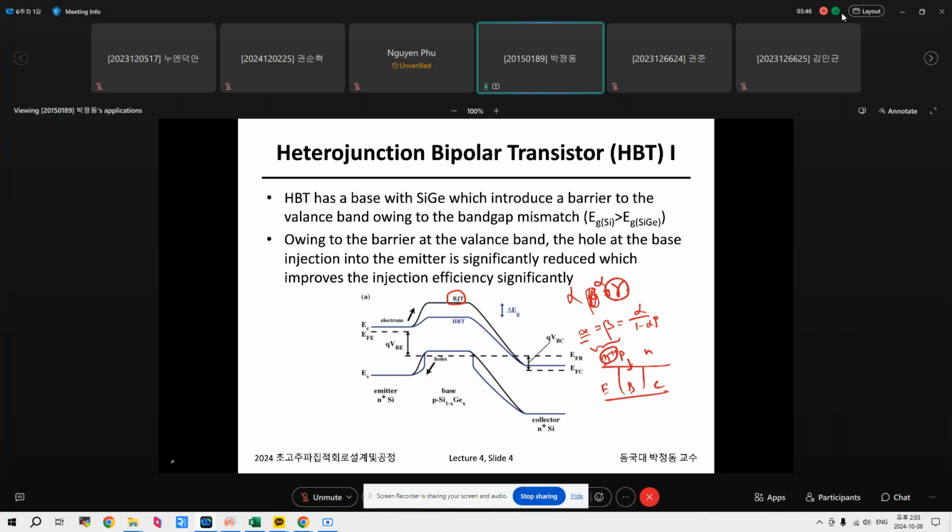The problem with this is that we provide a very small amount of impurity implanted on the base. The reason for doing this is to improve emitter injection efficiency. We need a larger amount of diffusion from the emitter to the base.